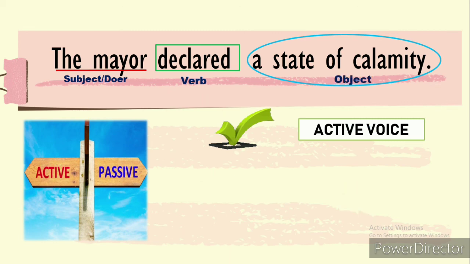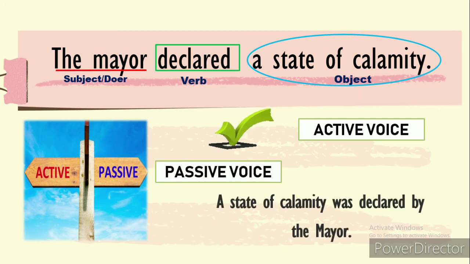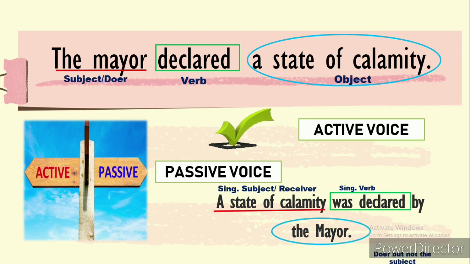Now let us transform this into a passive voice. A state of calamity was declared by the mayor. A state of calamity here is now our singular subject. The receiver but not the doer of the action was declared, which is a singular verb phrase, and the mayor as the doer but not the subject.